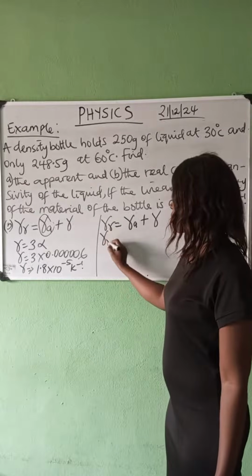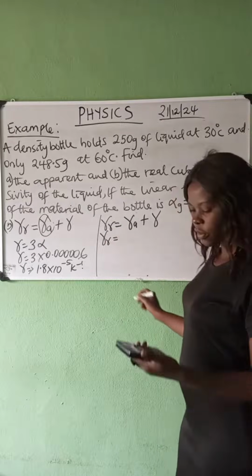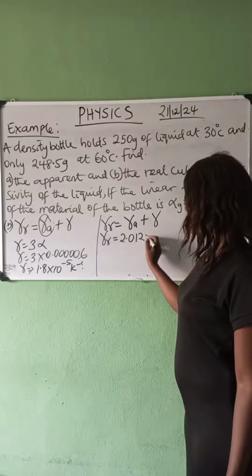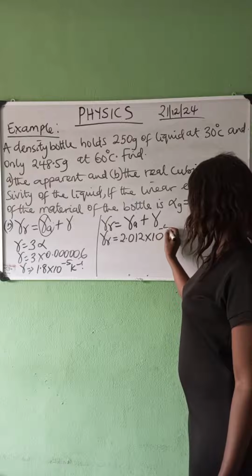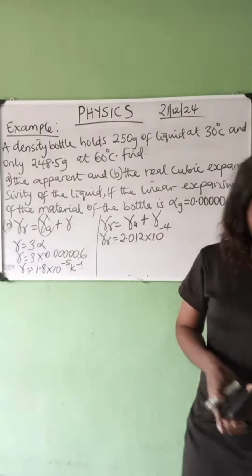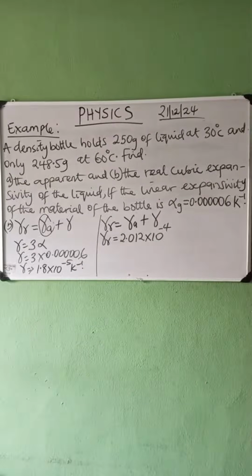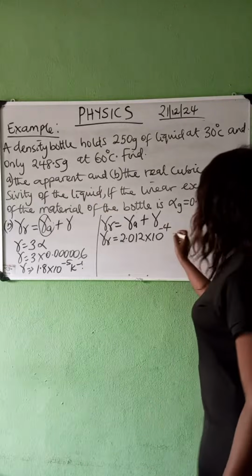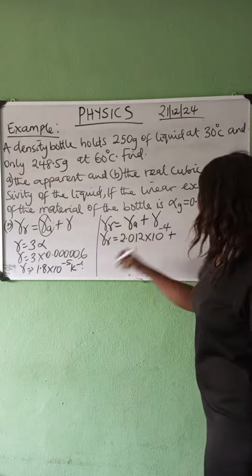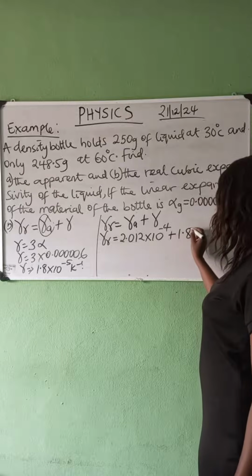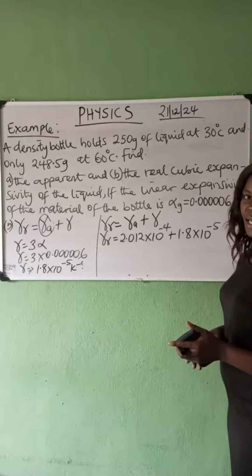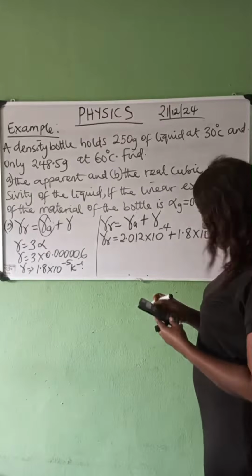My apparent is 2.012 times 10 raised to the power minus 4. I hope I'm correct. Let me check. Yes. Now plus my expansivity of the container, 1.8 times 10 raised to the power minus 5. Clear. So let's add it together.